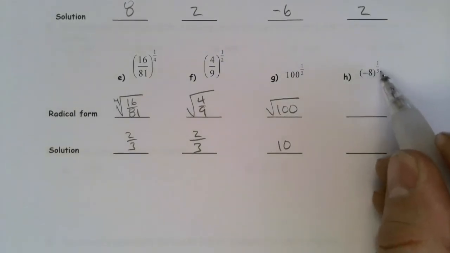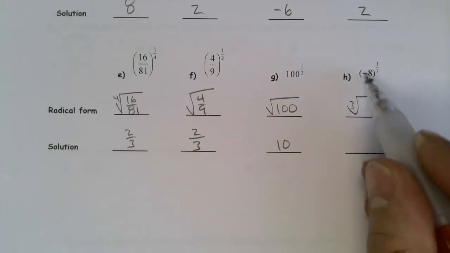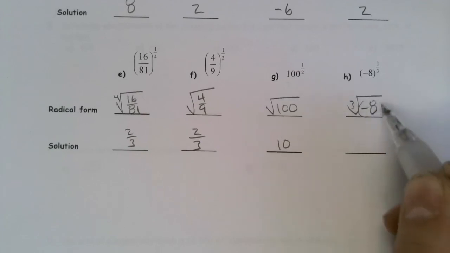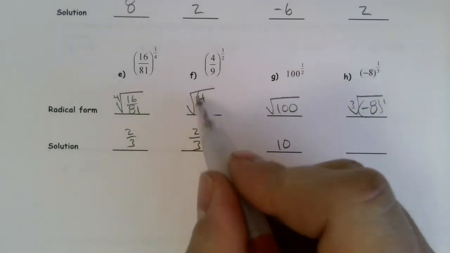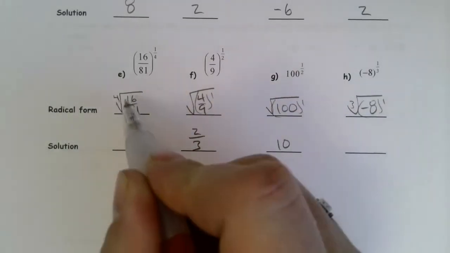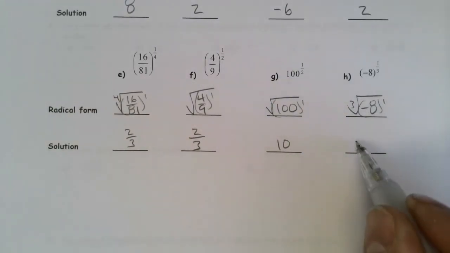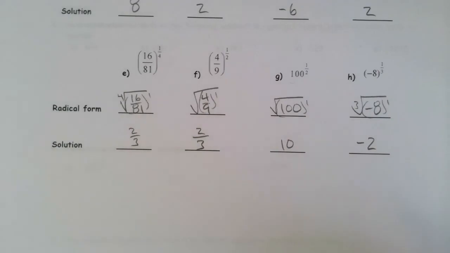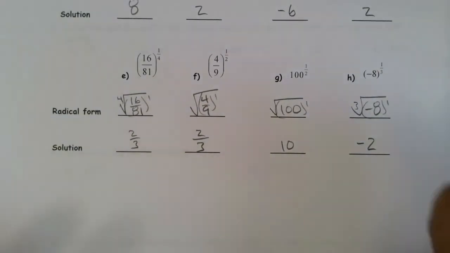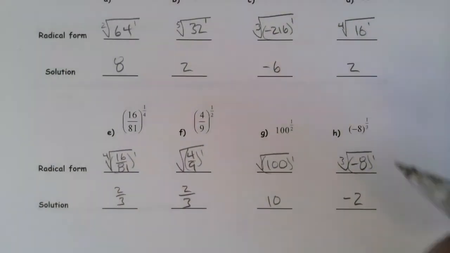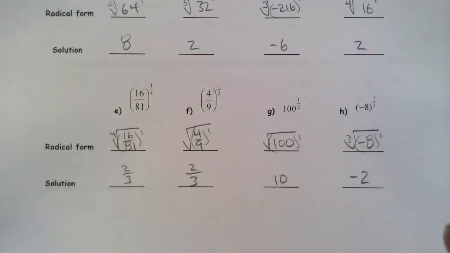And then because there's a 3 in the denominator, this is a cube root of the base, -8, and this is to the 1. And actually, I probably should have been putting to the 1 on all of these. And the cube root of -8, if you go to your calculator, you will get -2. Okay, and there you go. So I hope this idea of going from that exponential form to the radical form makes sense.